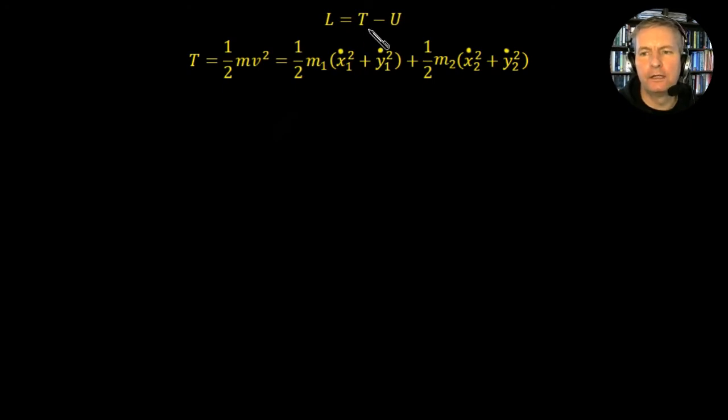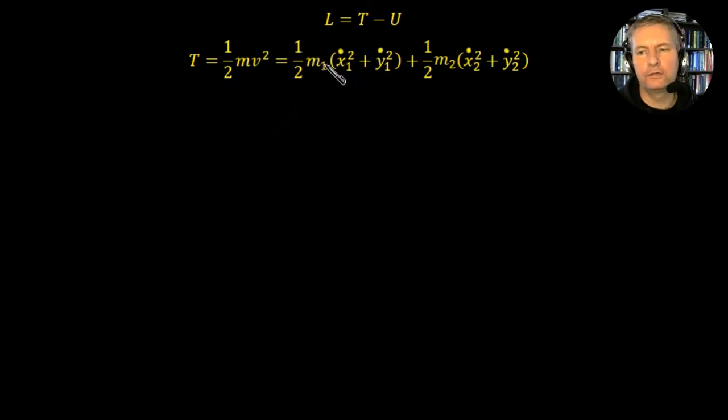Now we know that the kinetic energy is given by a half mv squared. But the velocity here, we've seen that we've split this into the two components. There's an x component of the velocity and a y component of the velocity. So we've already worked out x1 dot and y1 dot. So we have to square those together, and we have to multiply them by a half m1.